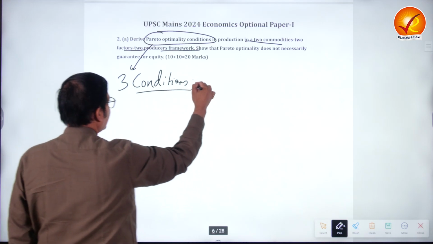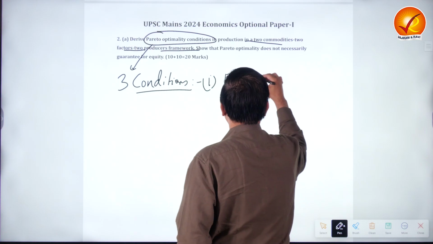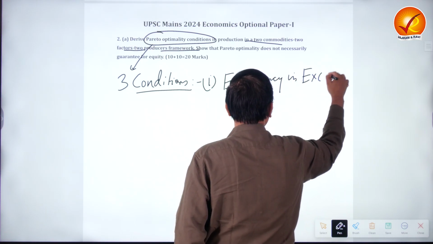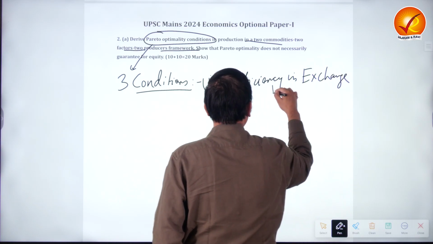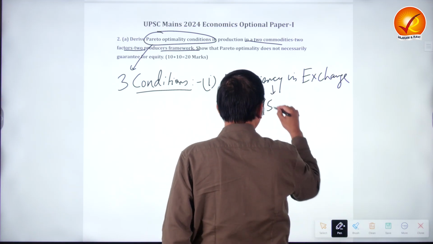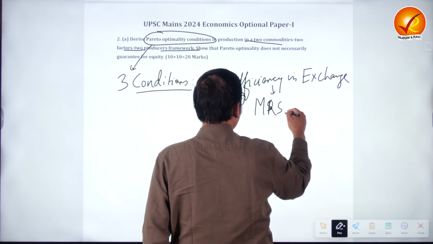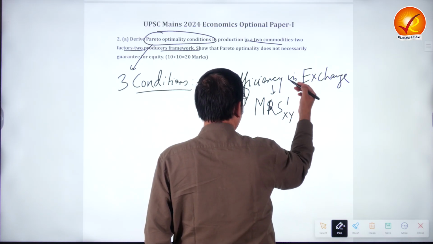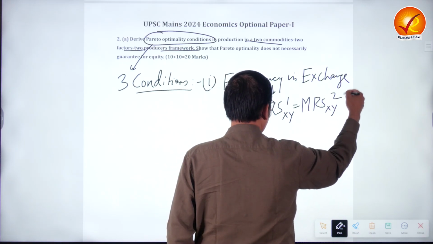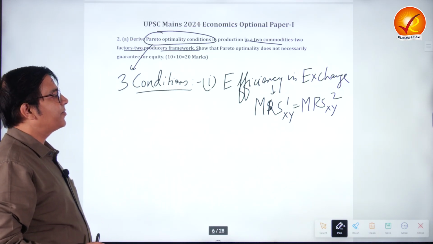The 3 conditions can be given as efficiency in exchange or consumption, where we talk about, say, MRS, the marginal rate of substitution of some good X for Y, say by the consumer 1, equal to MRS XY by the consumer 2, okay, and so on. If there are more consumers, then accordingly that should be the case.